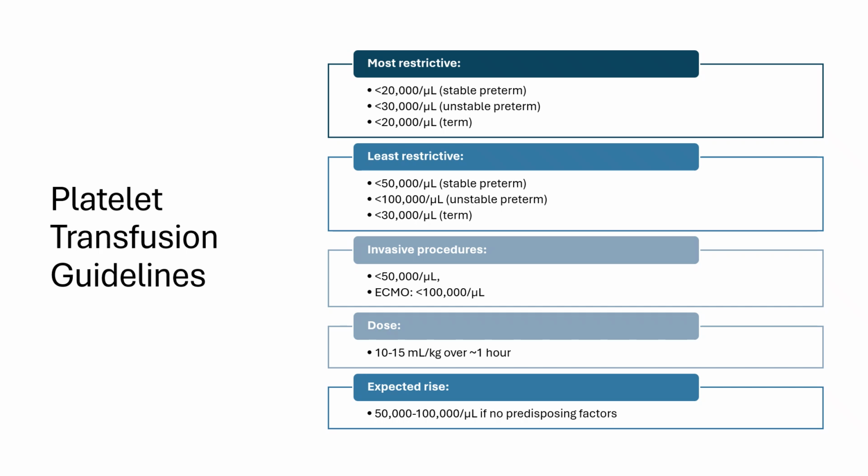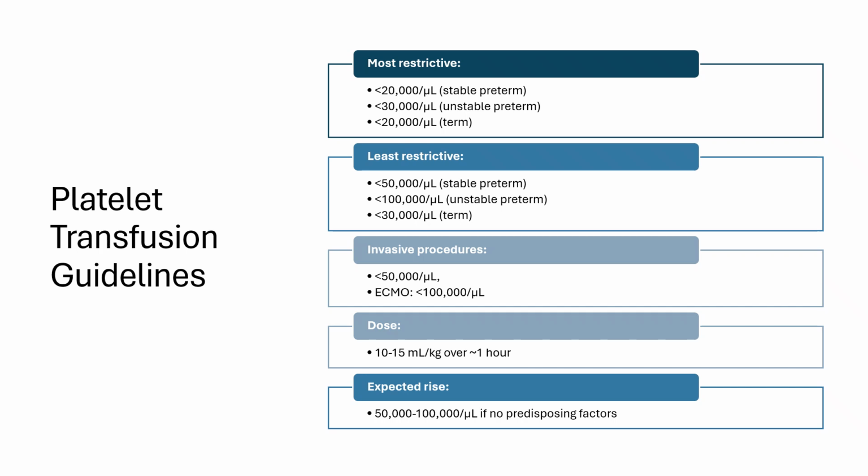The least restrictive guidelines recommend higher thresholds, less than 50,000 per microliter for stable preterm, less than 100,000 per microliter for unstable preterm, and less than 30,000 per microliter for term infants. For active bleeding, most guidelines recommend transfusion when platelets fall below 50,000 per microliter, while invasive procedures typically require thresholds above 50,000 per microliter.